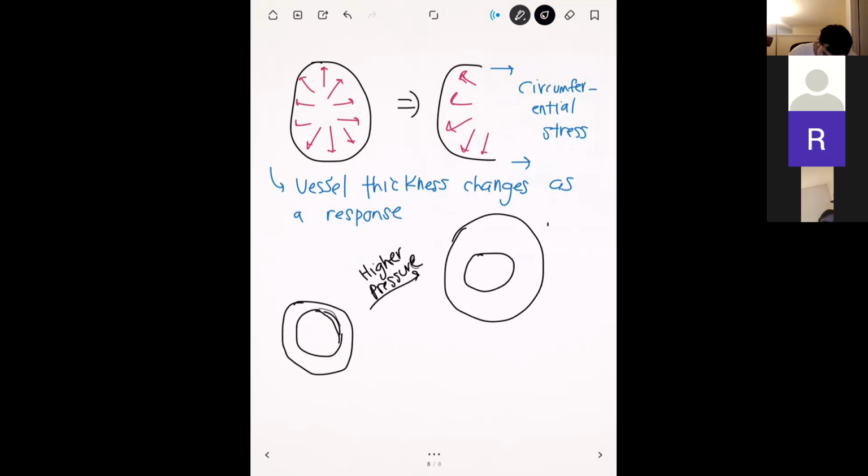Whereas if you have a lower blood pressure, say you're Michael Phelps or something, what that'll do is thin out your vessel walls.